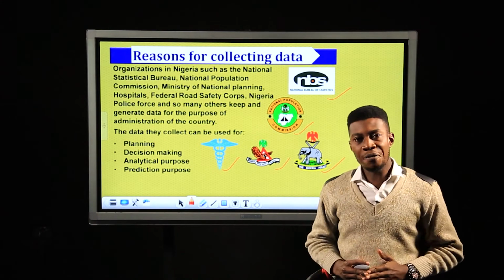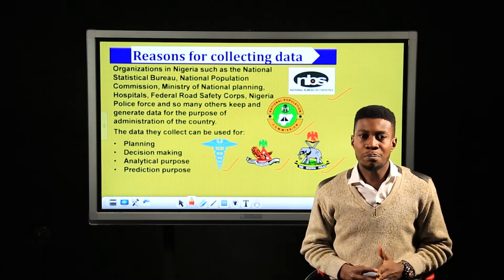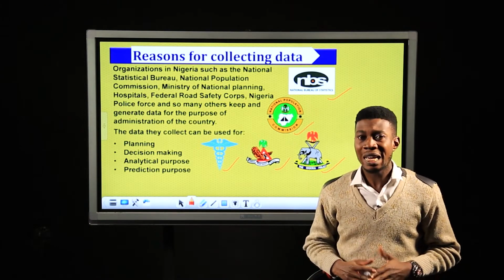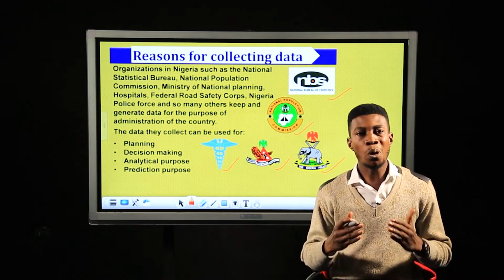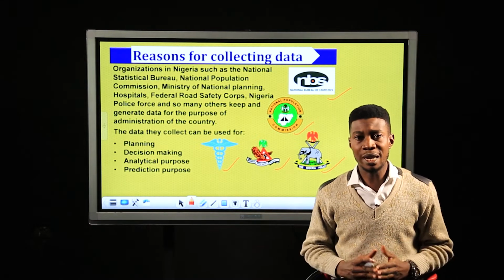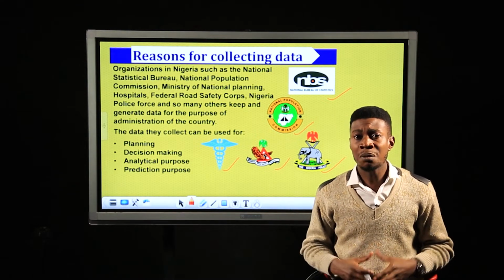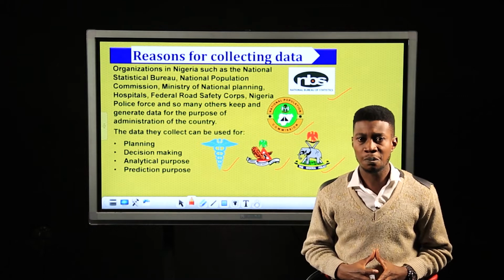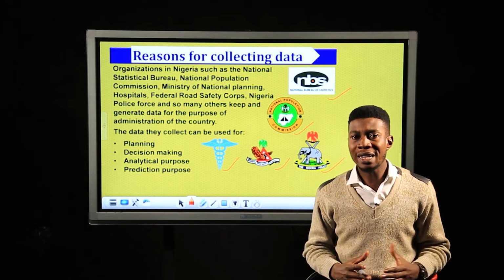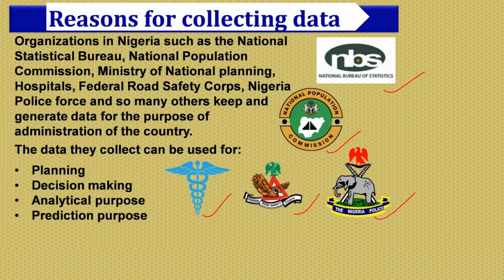For the sake of emphasis, data collected by these organizations can be used for proper planning, decision-making, analysis, and prediction purposes. Let's go on to find out the usefulness of statistics for planning.